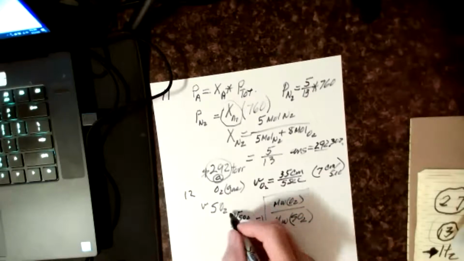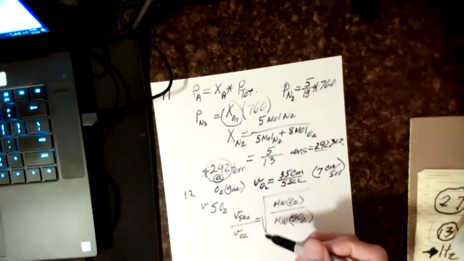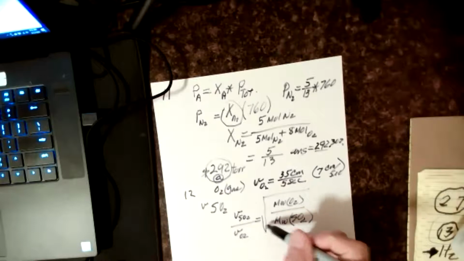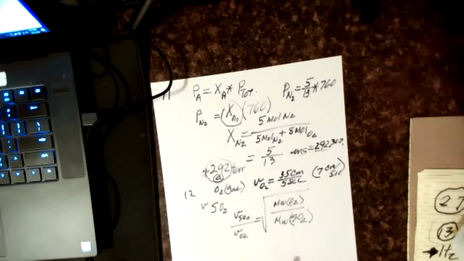Remember, it's an inverse relationship. The velocity of a gas is inversely proportional to the square root of its molecular weight. So this is what we get for the two gases.